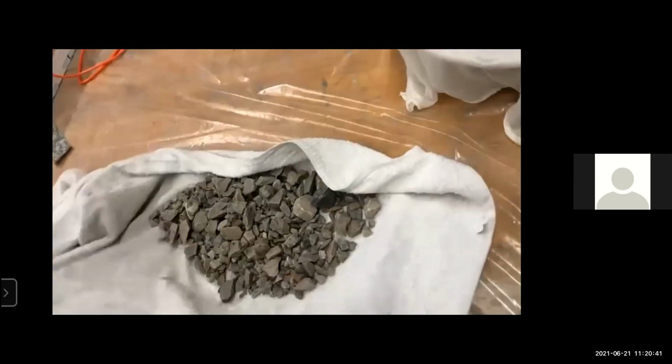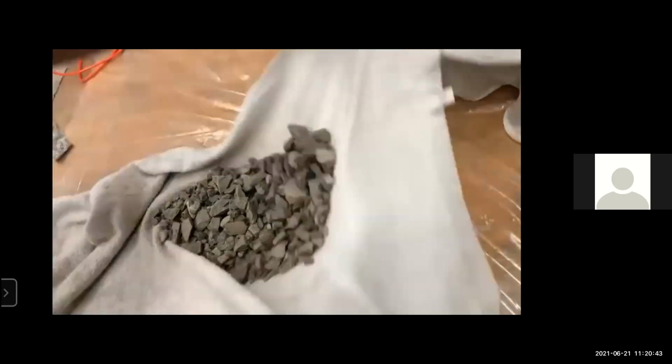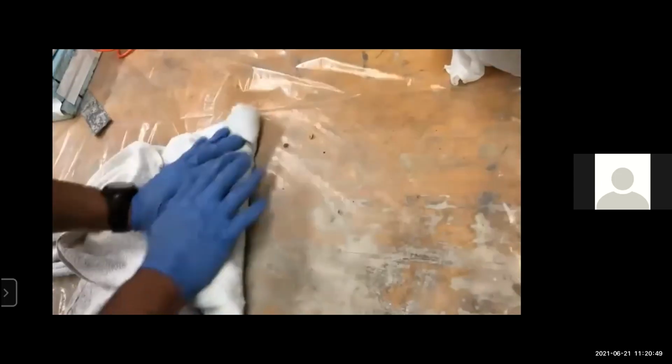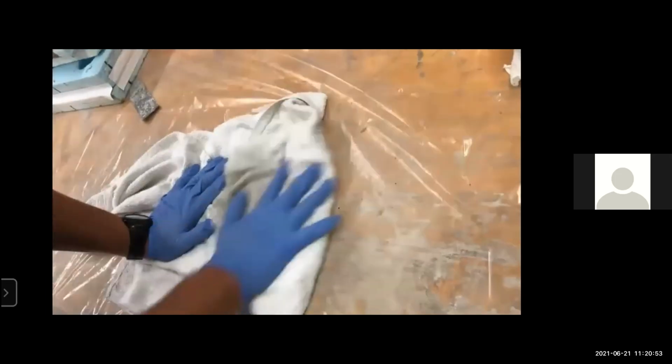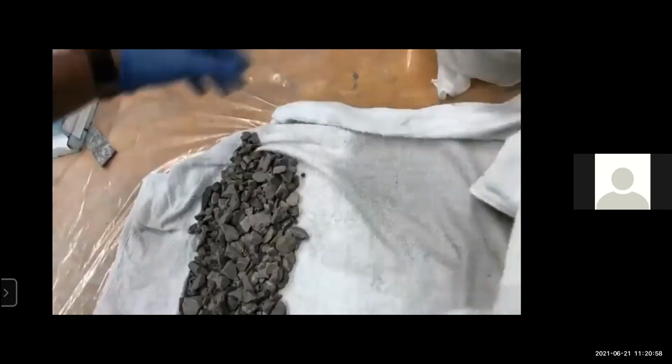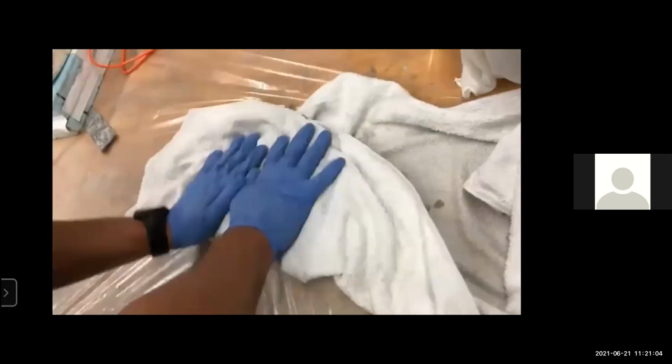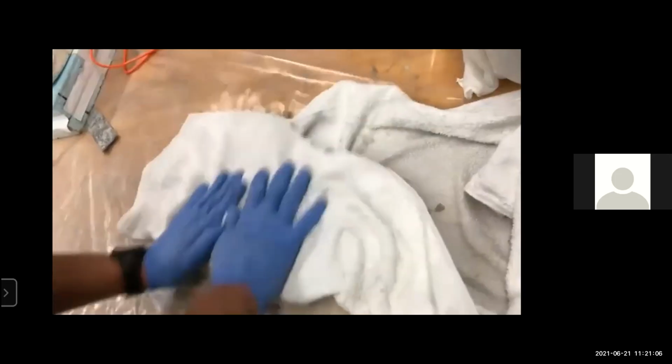Then here we see our aggregate is dried with this cloth, and no water droplets or adsorbed water will be present on this aggregate. Then we take these aggregates. So these are our dried aggregate, but some amount of water is still seen on the surface of this aggregate.